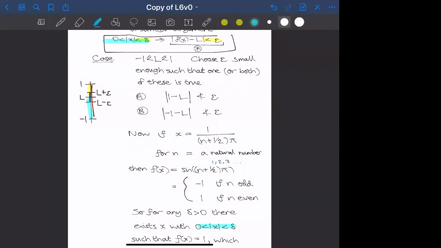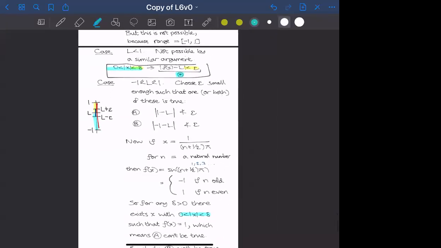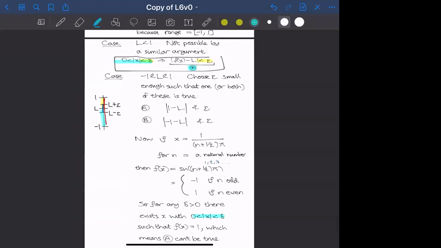And we know from the top that if that is true, then star should be true. But if star is true, then A can't be true.